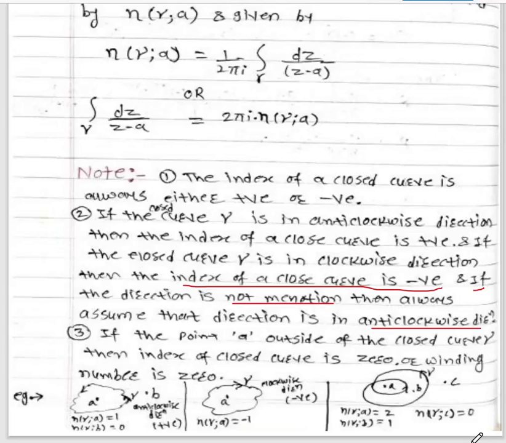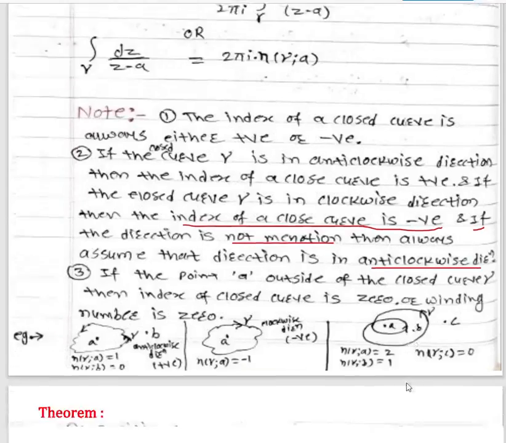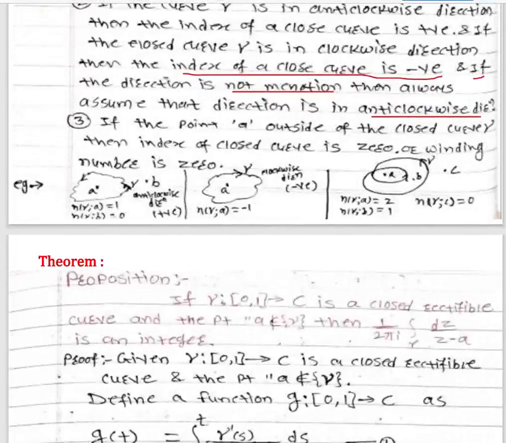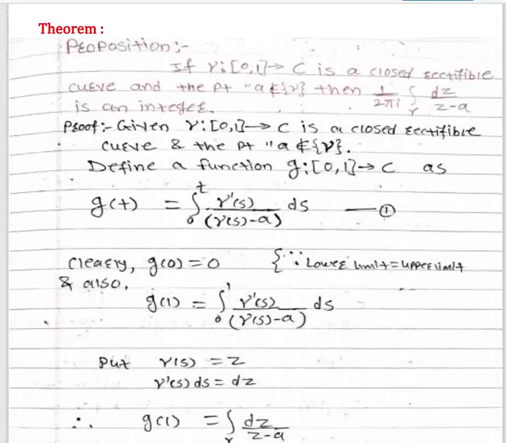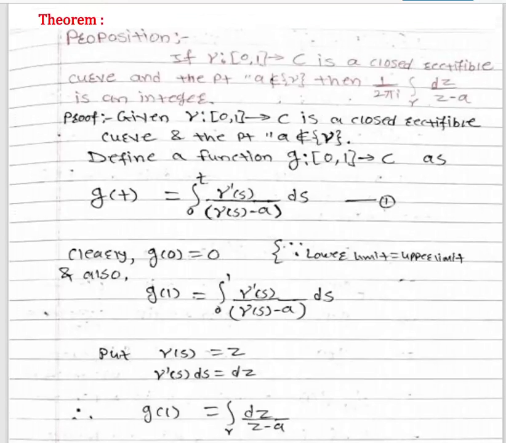Now we will see one theorem, or we can say the proposition, of the winding number or index of a closed curve. What is the proposition statement? If gamma from [0,1] to C is a closed rectifiable curve, so this is the curve gamma, and the limits are 0 to 1, starting point 0 and ending point 1.